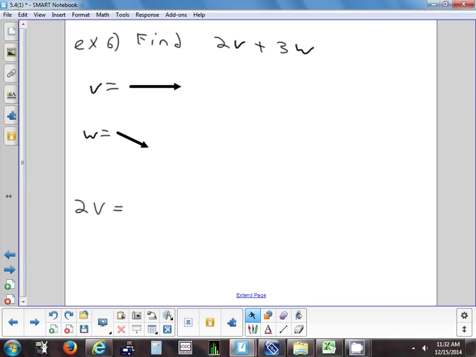Hey, anybody explain to me, how do I get 2v using the smartboard? What can I do? What's the idea? How about Naisha? How do I get 2v? I've got v. Would I flip it? Would that give me 2v?